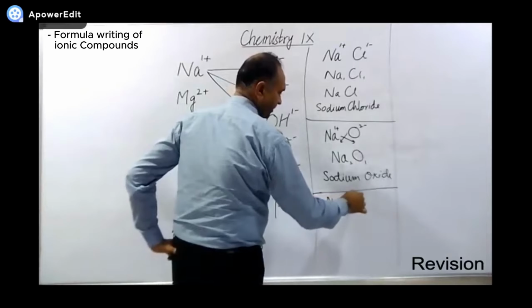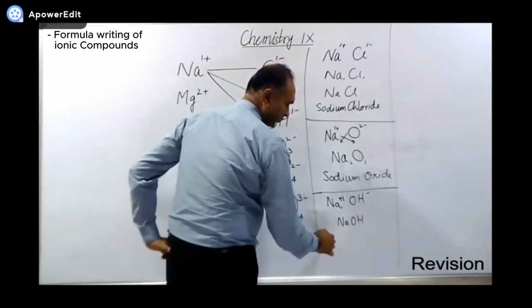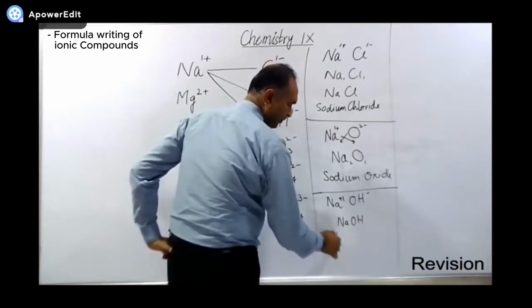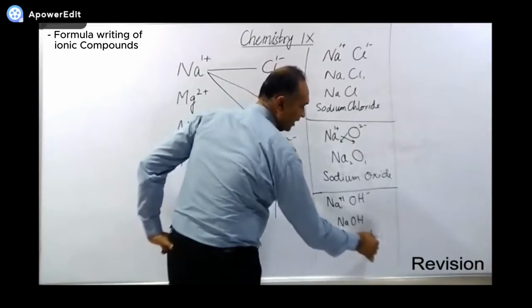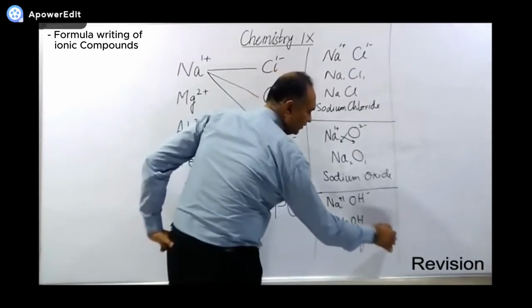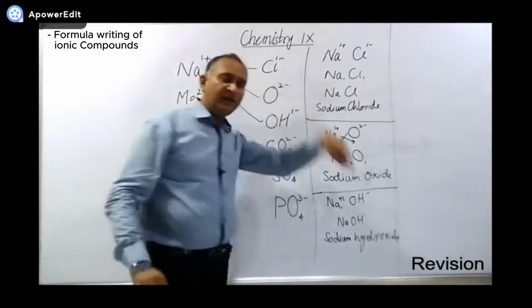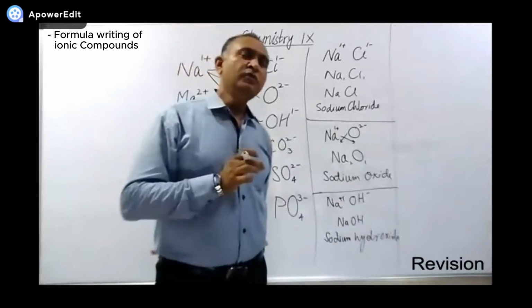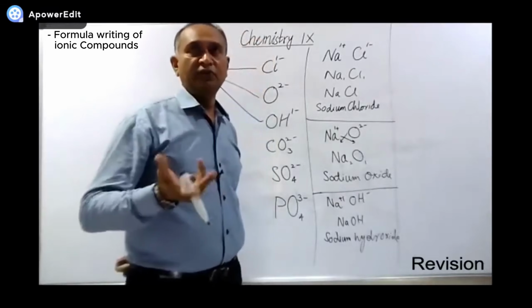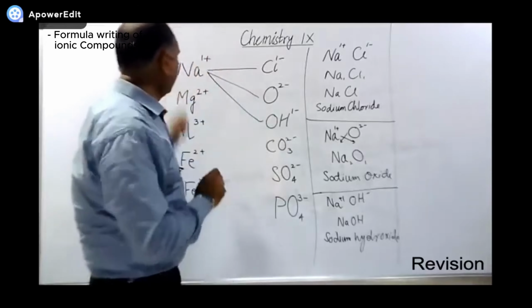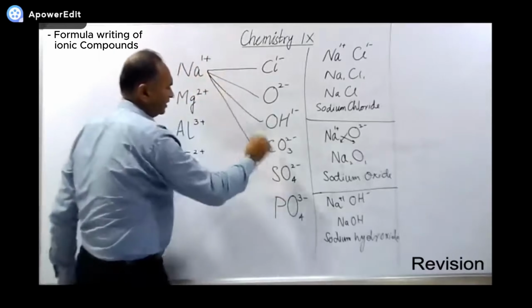Crossing 1 and 1, its name will be sodium hydroxide. To solve these, you must remember the list of some cations and anions that I told you. Okay. Similarly, we'll continue it over here.